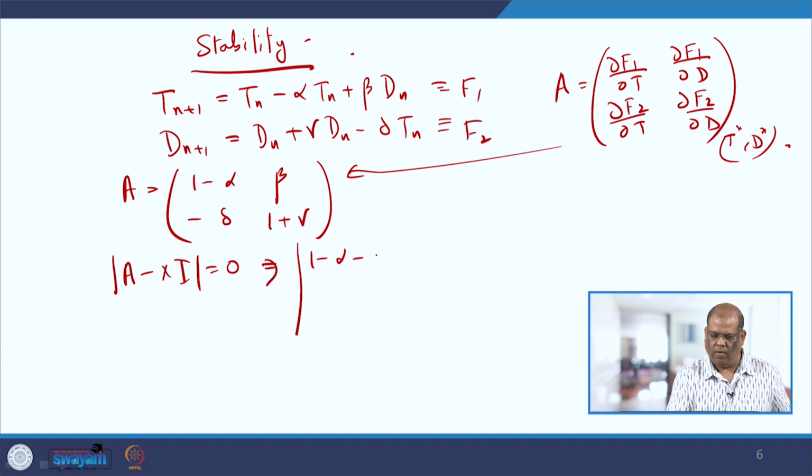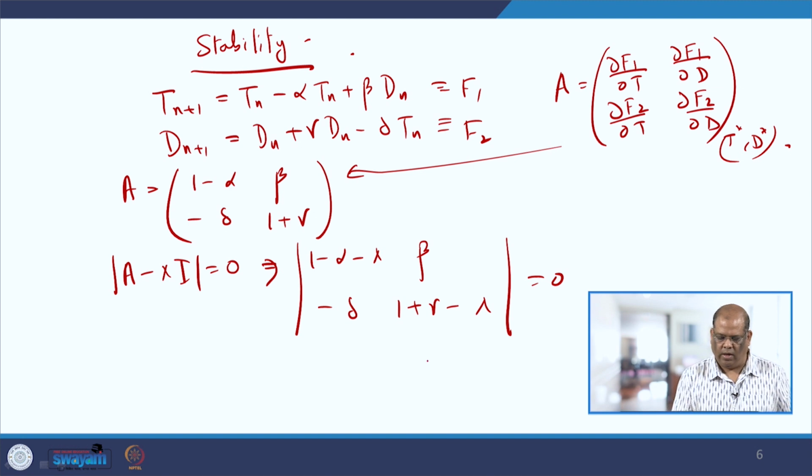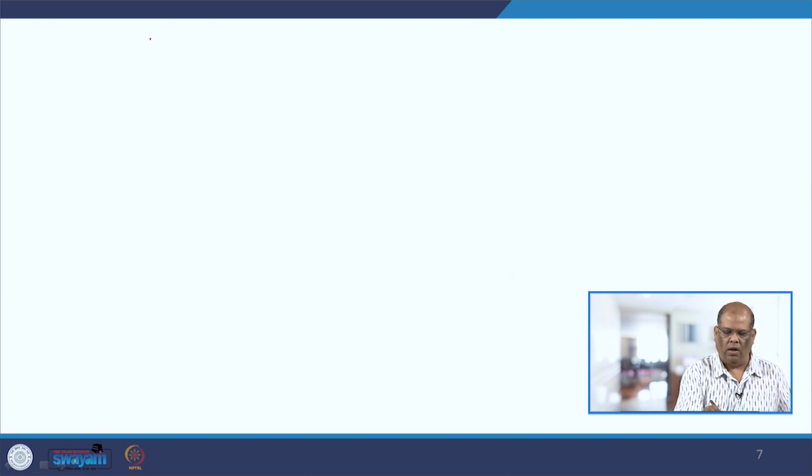(1 - alpha - lambda)(1 + gamma - lambda) + beta delta = 0, where lambda is your eigenvalue. So we simplify this a little.